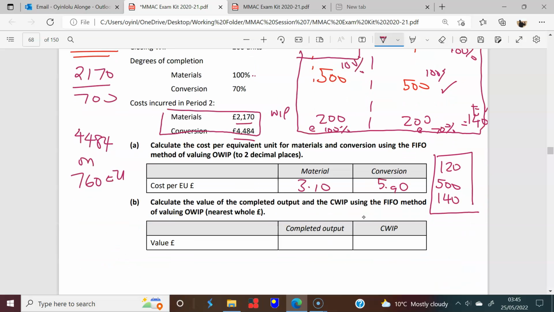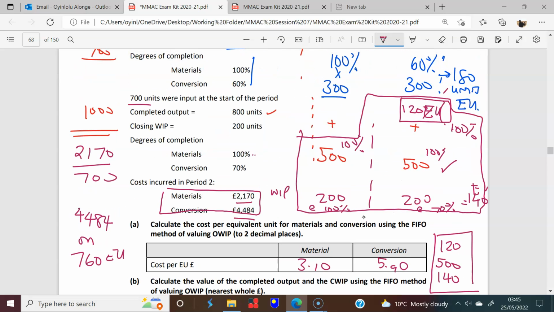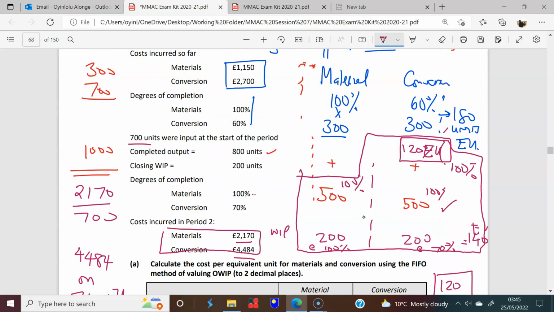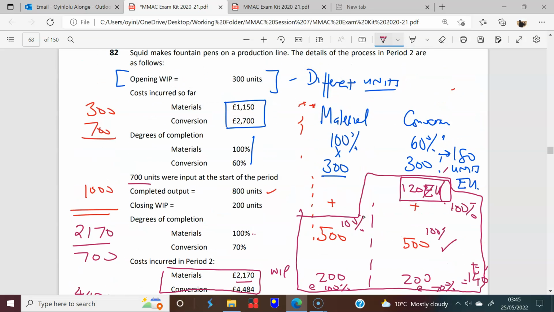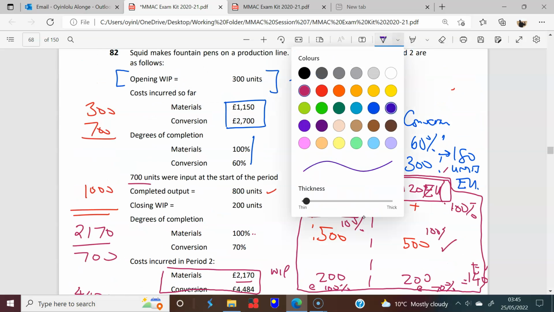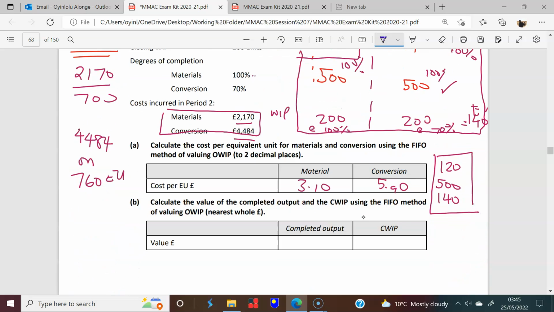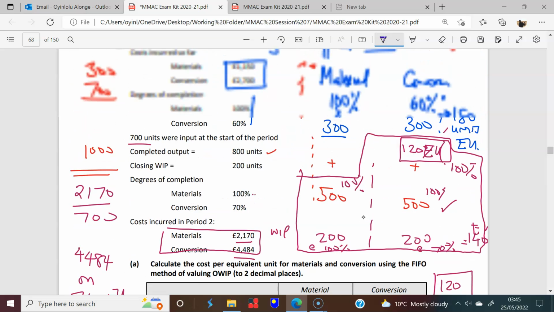So when the question says calculate the completed output, well, I'll just change my color so I can keep this all color coded. That's the value of my initial opening work in progress. We have a completed output of 800 units, don't we?